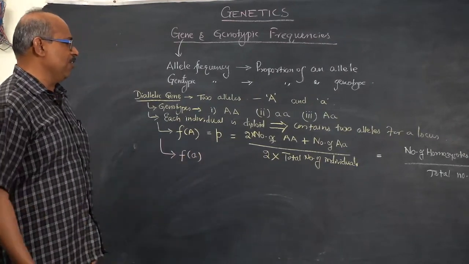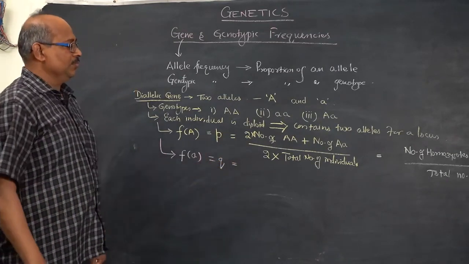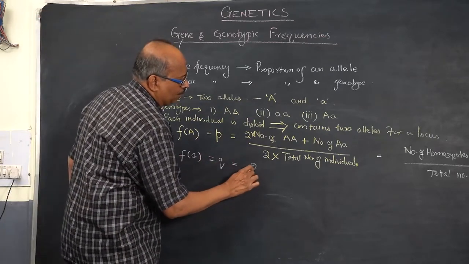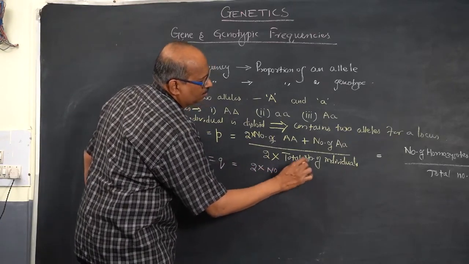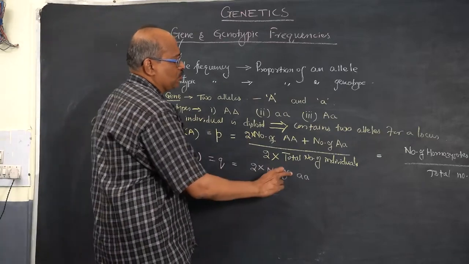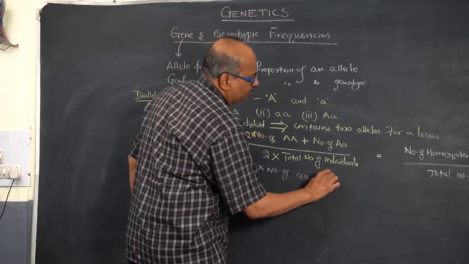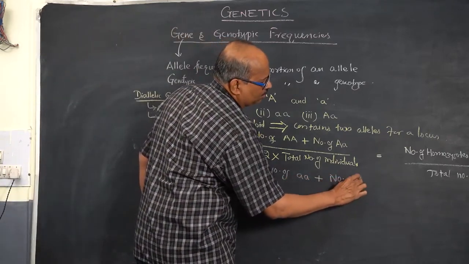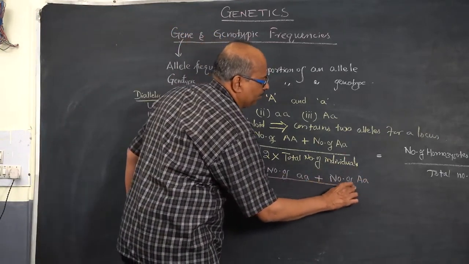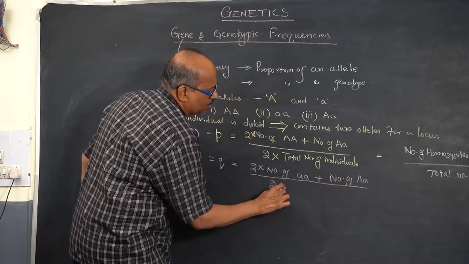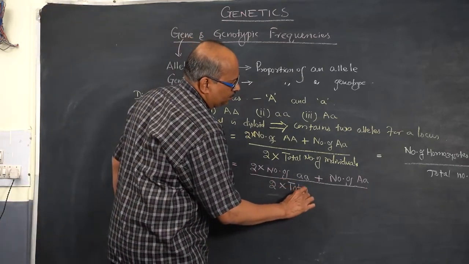Now we take the next letter in the alphabet, which is Q. Again, 2 times the number of homozygous aa individuals, because each one has 2 alleles, plus the number of heterozygous individuals, since each one has only one small a, divided by 2 times the total number of individuals.